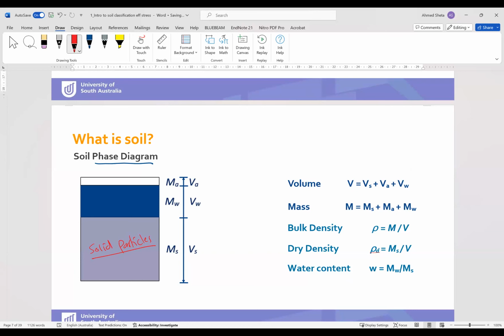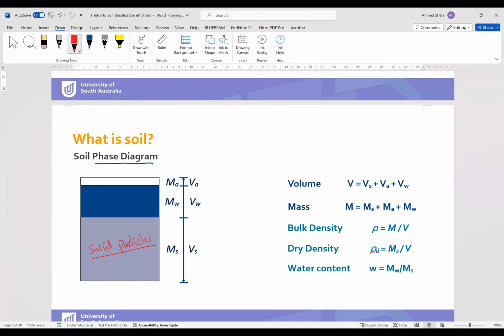The solid particles can be any material like sand, gravel, rocks, and so on, whatever the size of these particles, because the size of the particle indicates if it is gravel, sand, silt, or clay. And in this soil we have some water and some air entrapped as well.